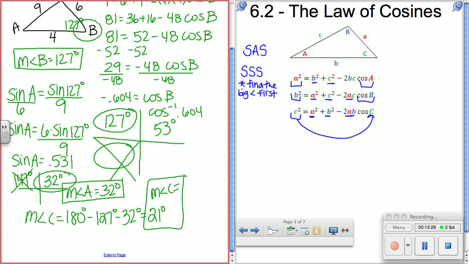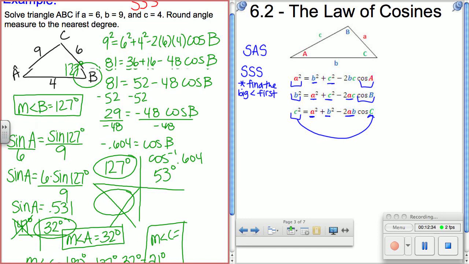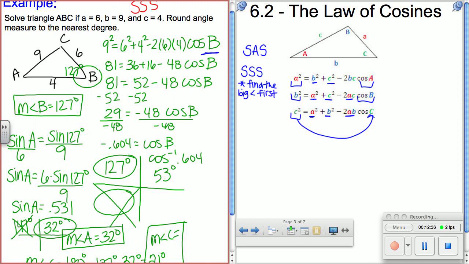So you can see, if we go back just for a minute and look through what we did, we started with the law of cosines to find angle B. Then we went back and we used our law of sines to find angle A. Remember, when you do the inverse, you always do the inverse of the positive and then use that to find the other quadrants.